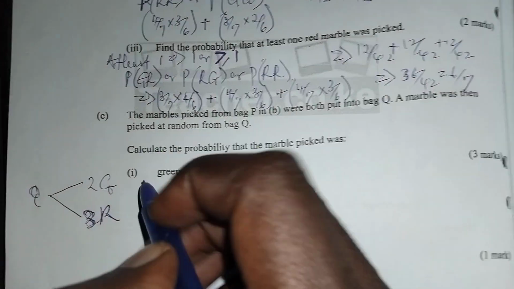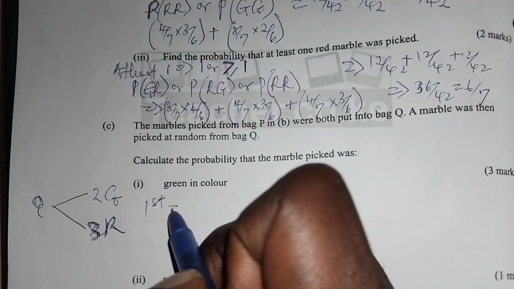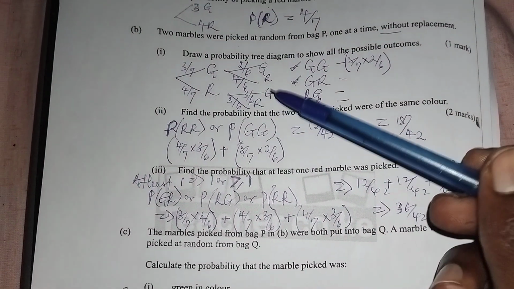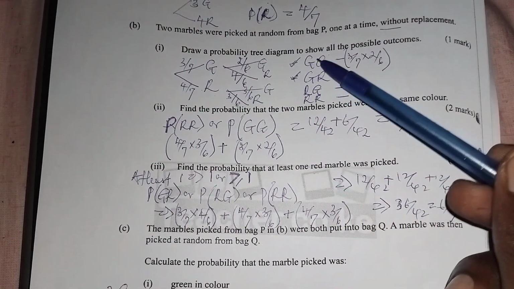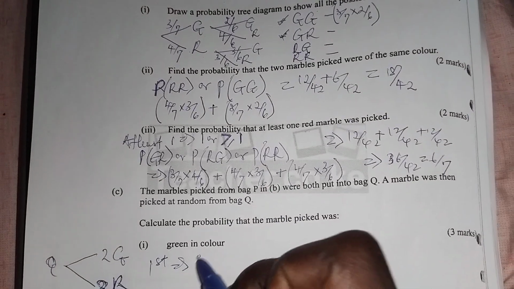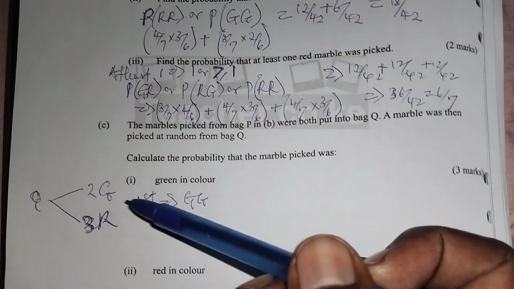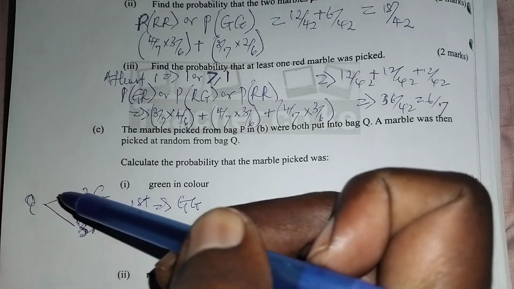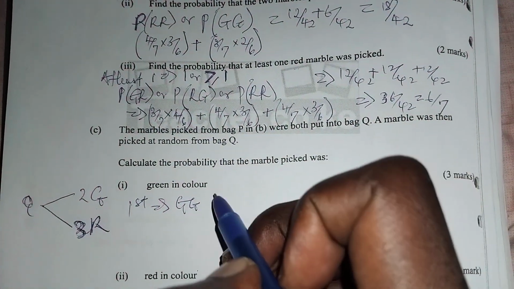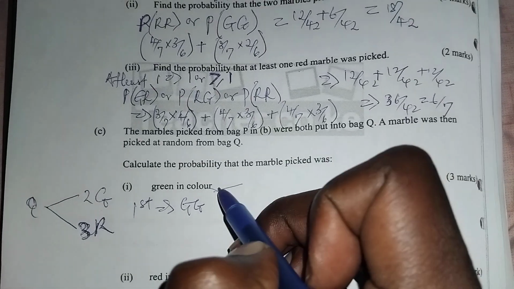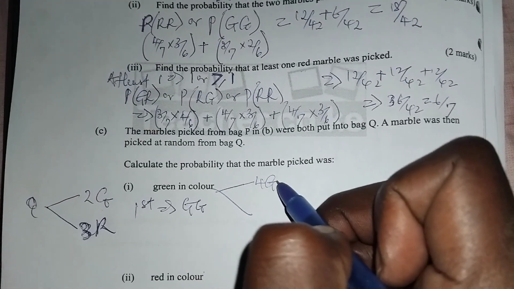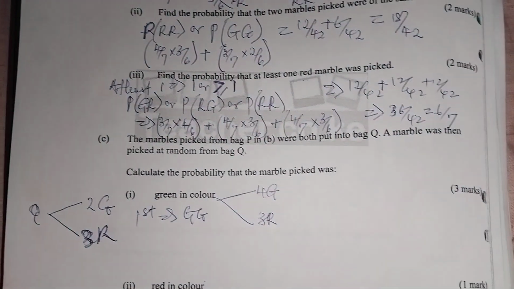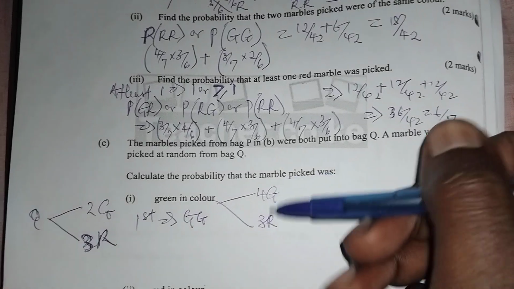The first scenario: in bag P, when you pick 2, you can pick green, green. If you pick green, green and put them in bag Q, you will now have 4 green and 3 red, the new totals.